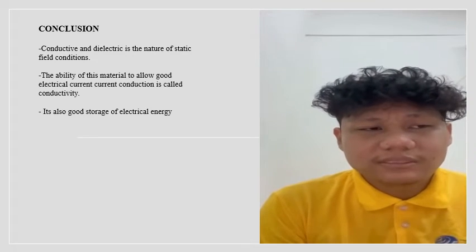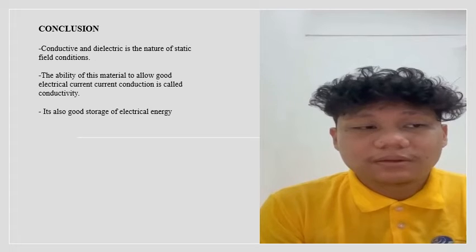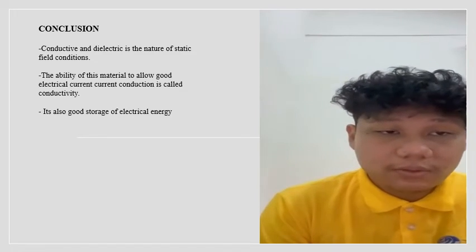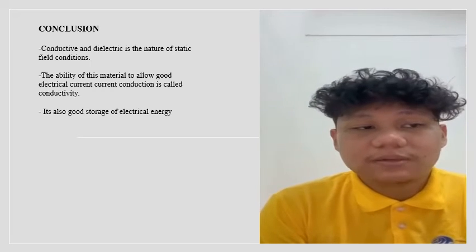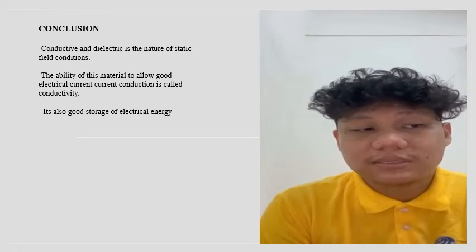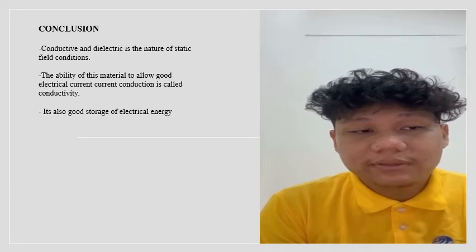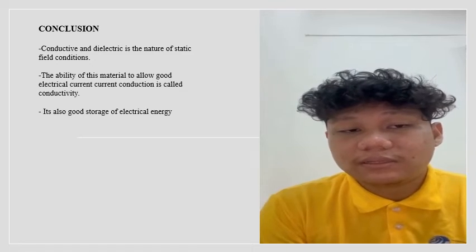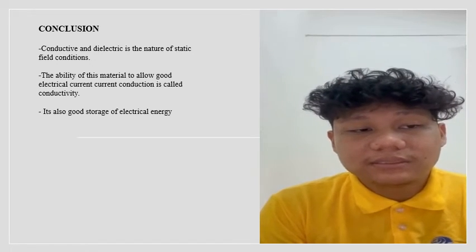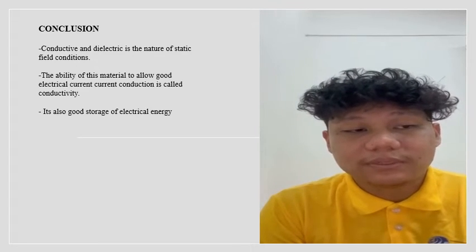I'm going to talk about the conclusion for conductive and dielectric material. Both of these types of material, conductivity and dielectric constant, depend on the intrinsic properties of the material. In this topic, much is explained about conductive and dielectric material types and the nature of static field conduction.